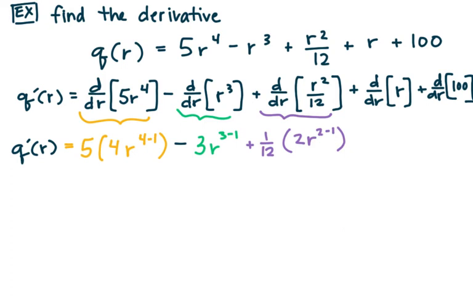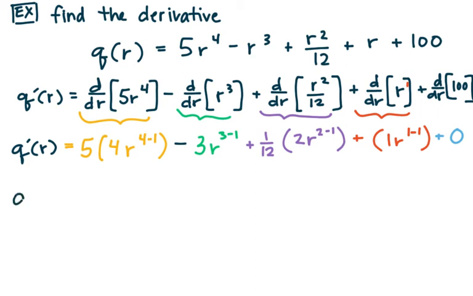The derivative with respect to r of r, that power on the r is 1. There's a little invisible 1 there, so this becomes 1r to the 1 minus 1. And then for our last term, the derivative of a constant, 100 is a constant, is 0. So you don't really need to write that. I'm just writing that here for emphasis.